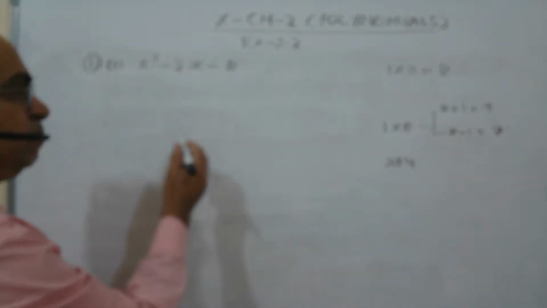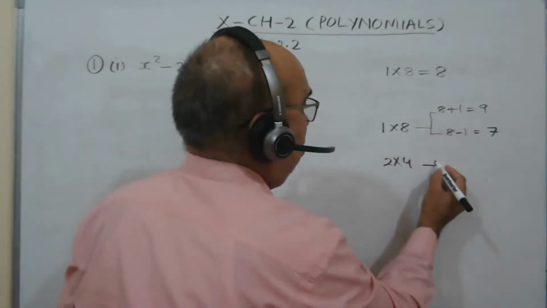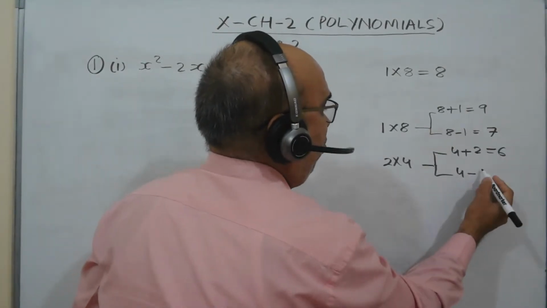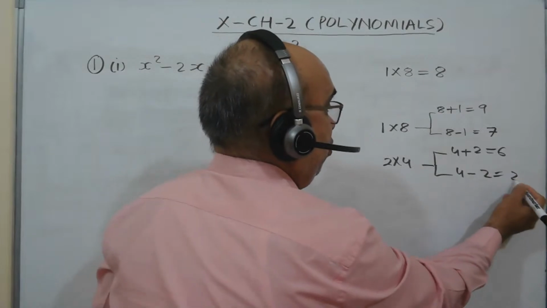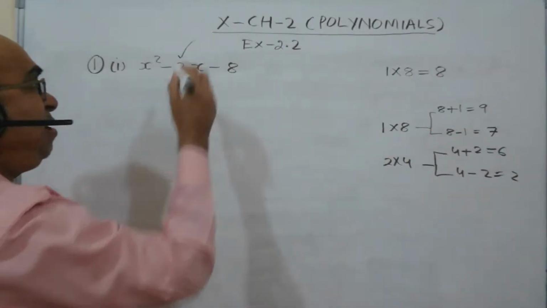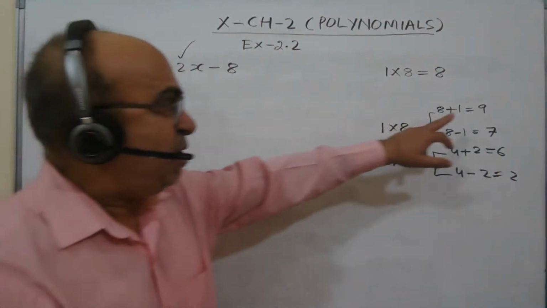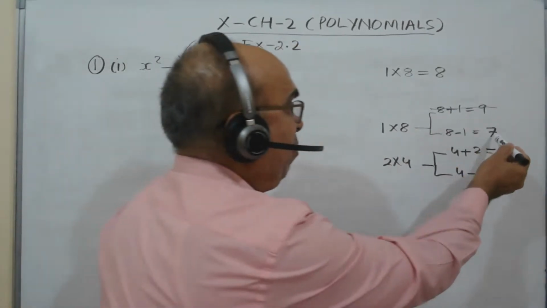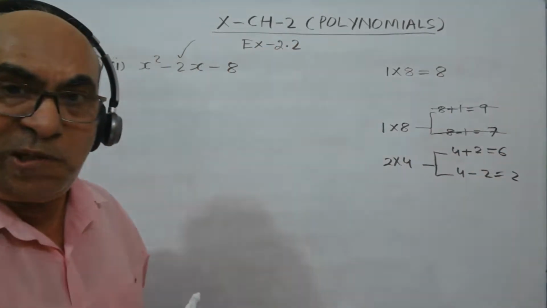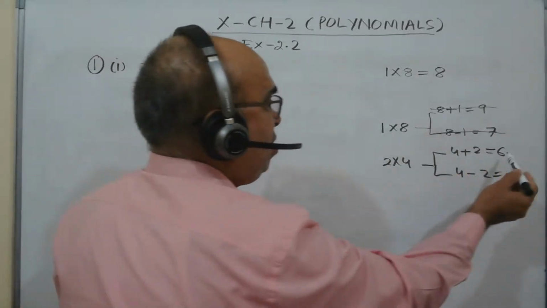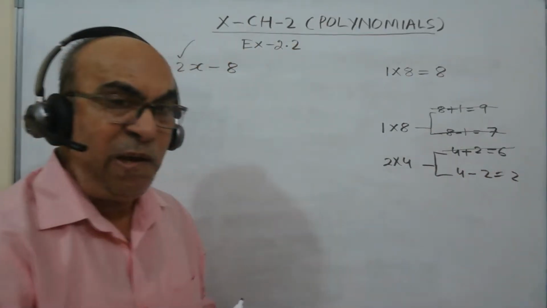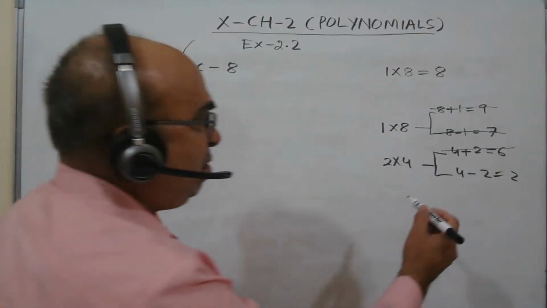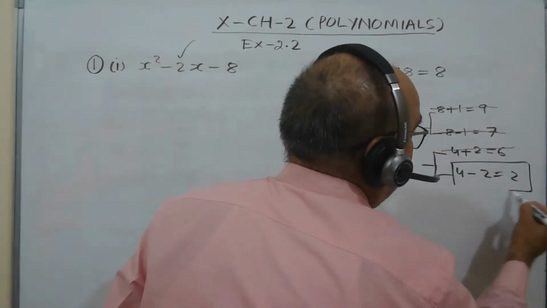Now the second pair, 4 plus 2 is 6 and 4 minus 2 is 2. See, the middle number is 2. Here 9 is coming, so we will not use this pair. Here 7, no, we will not use this pair. And here 6, we will not use this pair. Here it is equal to 2 and the middle number is 2, so we can use this pair.